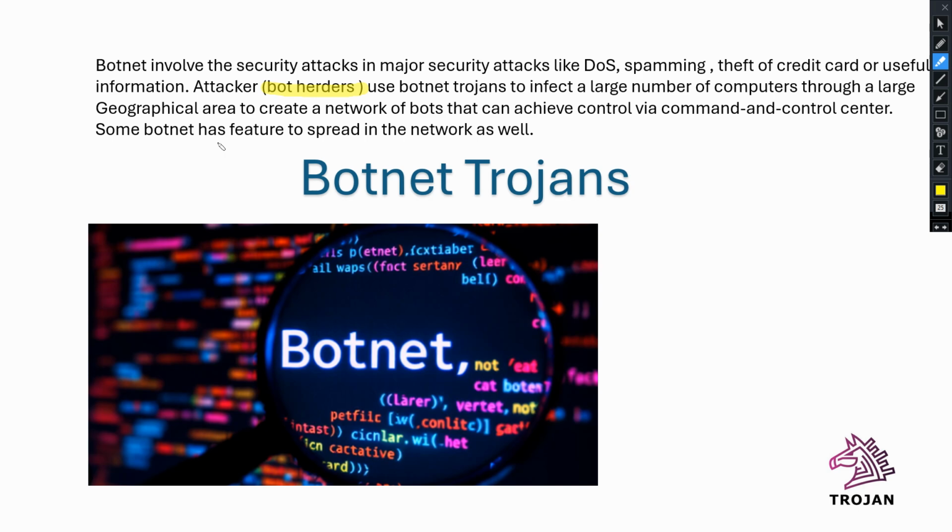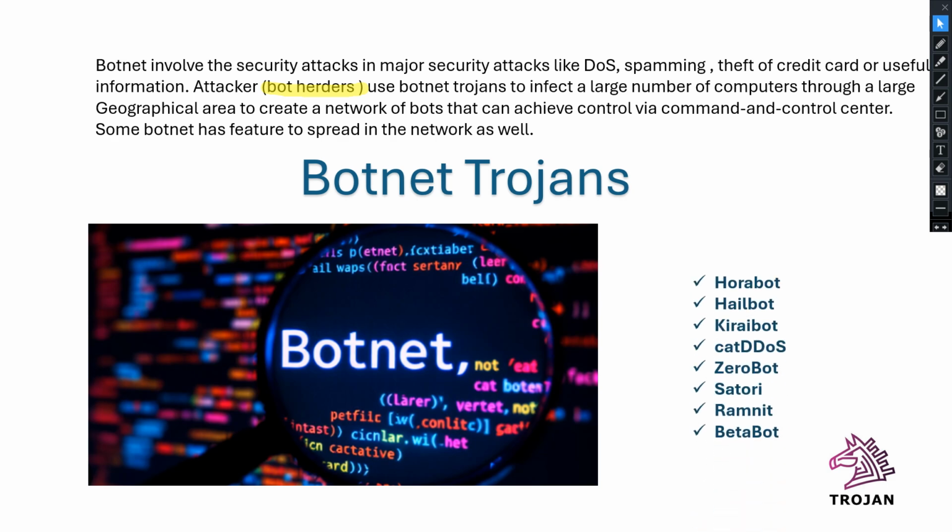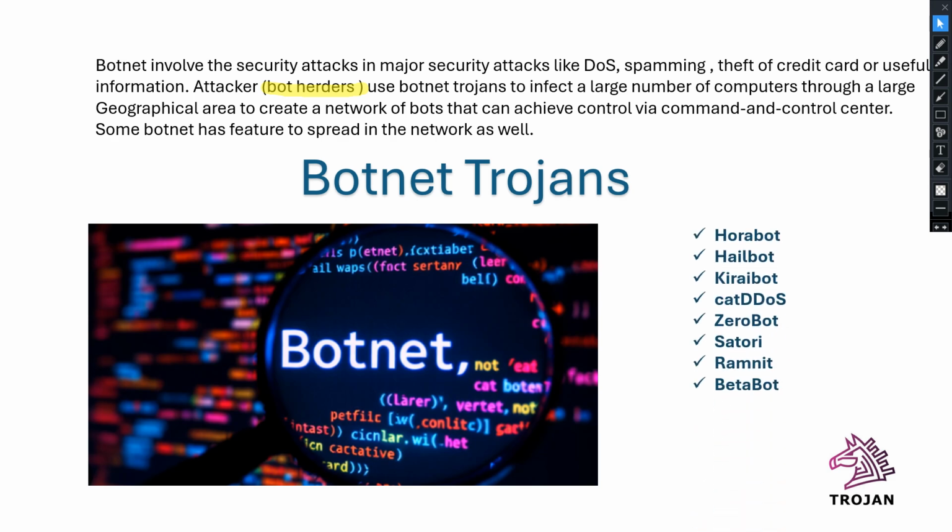It means one botnet can create a number of bots in the same network, and it's more dangerous. Okay, we have different types of botnet trojans like Hora bot, Hailbot, Kirai bot, Catidos, Girobot, Satori, Ramnit, and Beta bot.